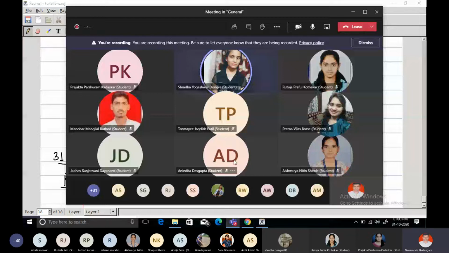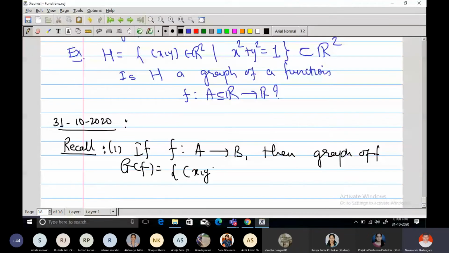Okay, so what we discussed last time. If f is a function from A to B, then the graph of f is Gf, right? And what is this? Pairs (x, y) such that y is equal to f(x) for x in the domain.